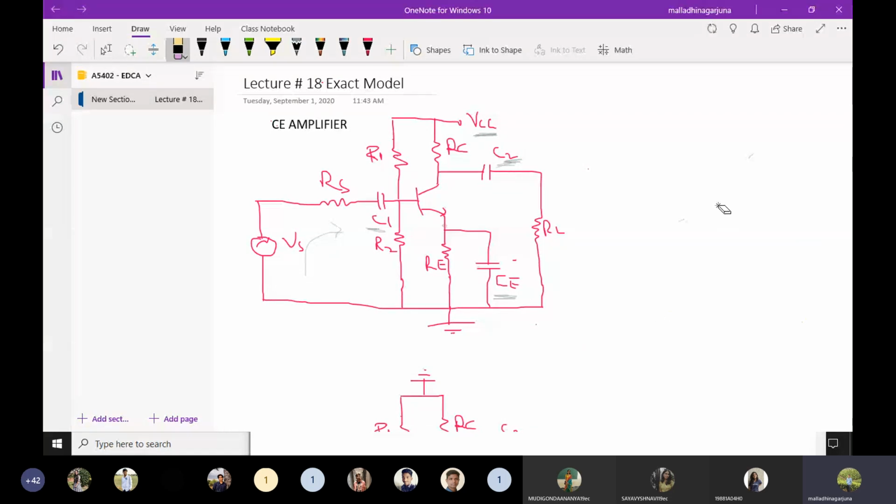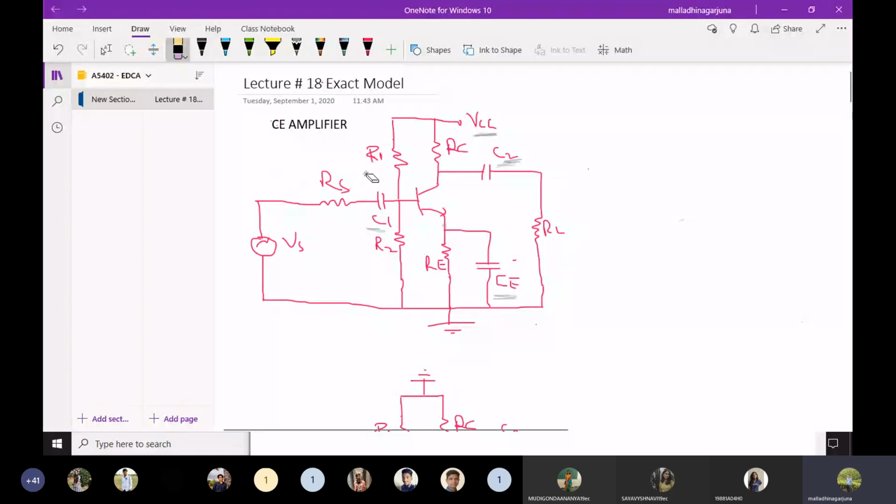See here. Sir, drawn, sir. Sorry, sir, I have drawn the circuit, sir. Yeah, parallelly draw the circuits and the equations that are there on the screen.